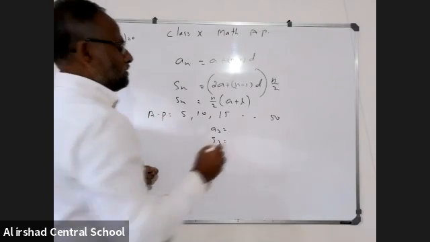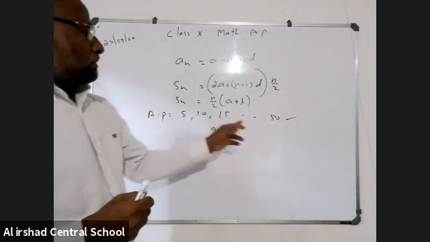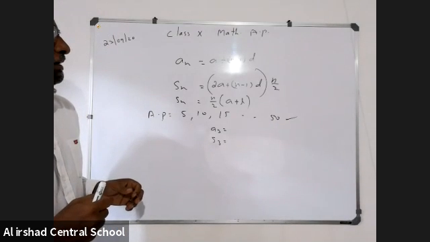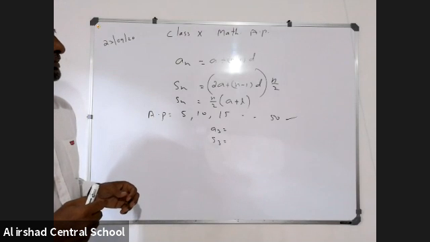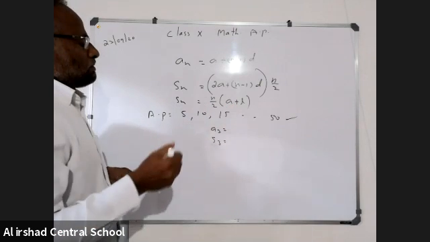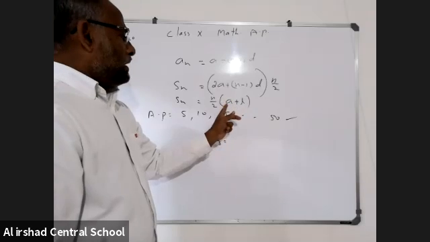Now n by 2 into A plus L. I gave you one AP here: 5, 10, 15, up to 50. I want the Sn. Which formula is good here? First term is given. The first term is 5, the last term is 50. Sn is equal to n by 2 into (A plus L).